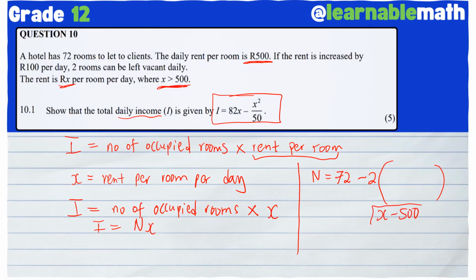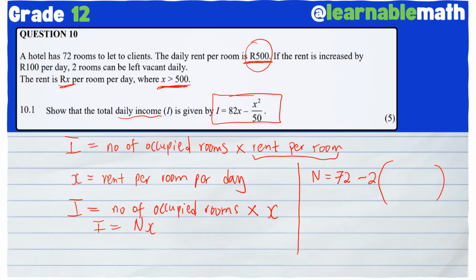That will give us an increase from 500, because we do know that x is greater than 500. So for example, if someone pays 501, obviously an increase from the original 500 will be 501 minus 500, giving you a 1 rand increase.